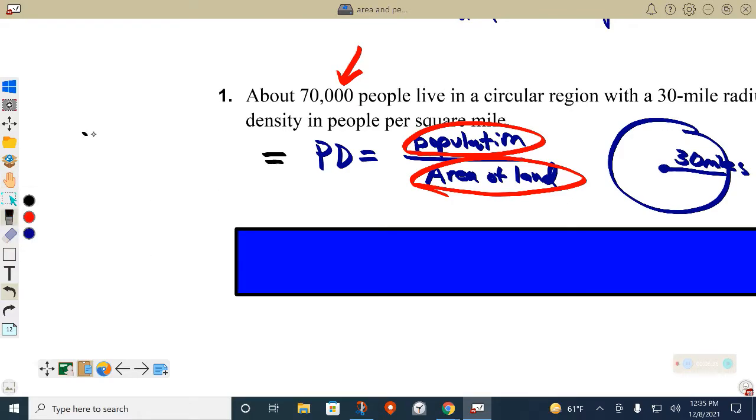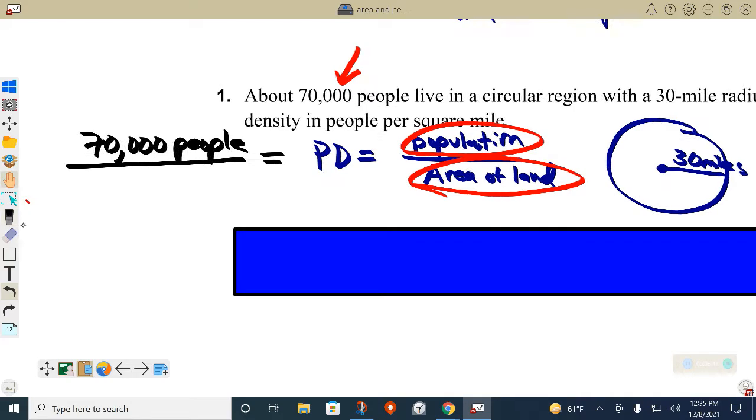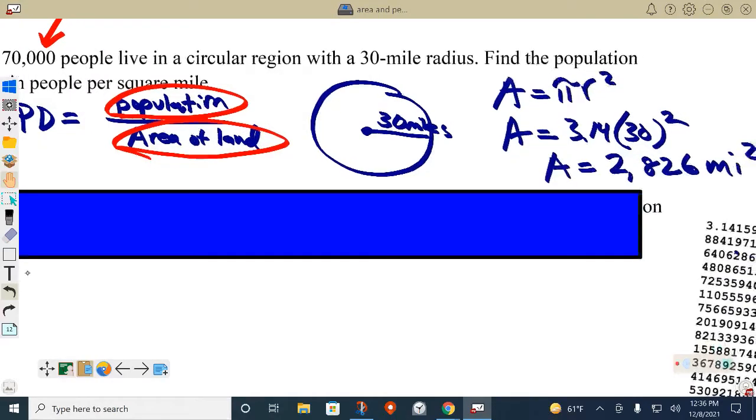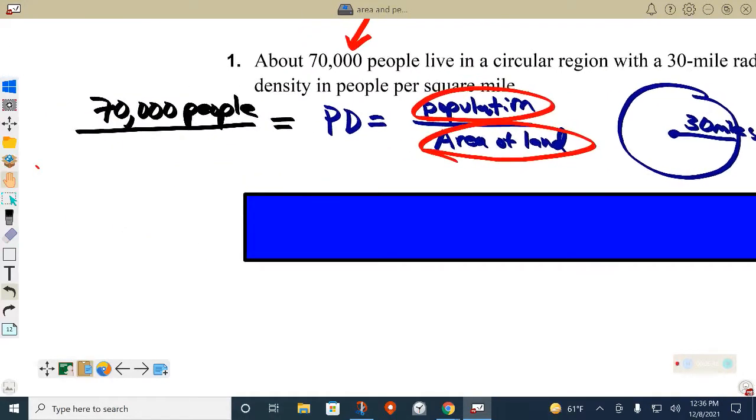The population is 70,000 people divided by 2,826 square miles.